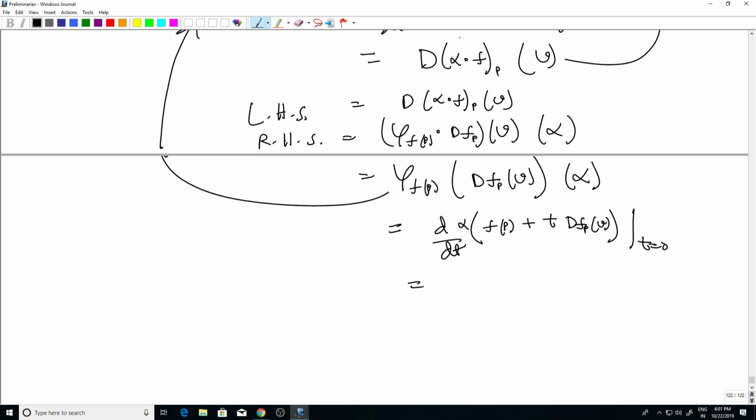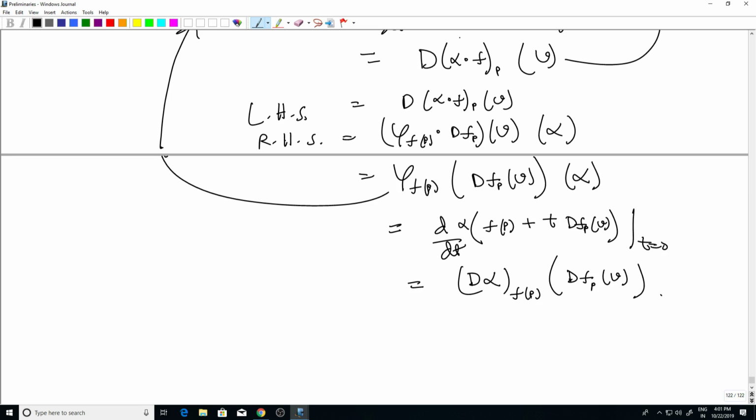And what does that give us? This is the same thing as d alpha at the point f of p acting on the vector dfp of v.